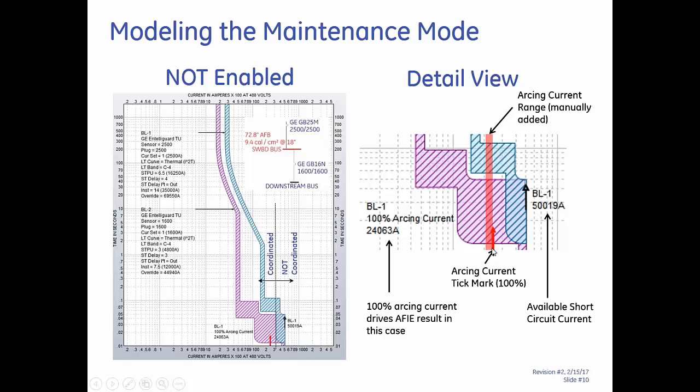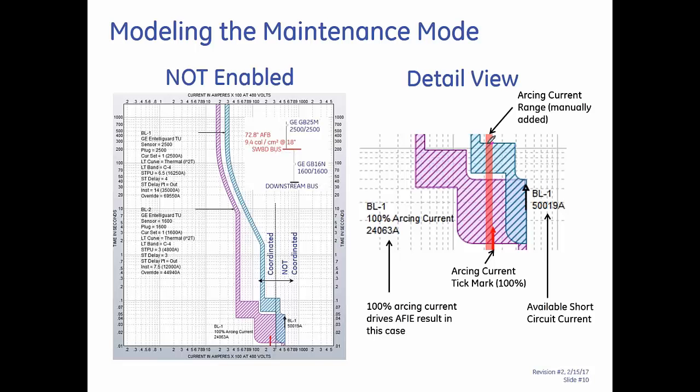So basically the way to look at this is, if I look at the rose-colored band and trace it up to the main breaker, there are really two key points there. There's the point where that band intersects the time current curve at the little area I'm highlighting now.